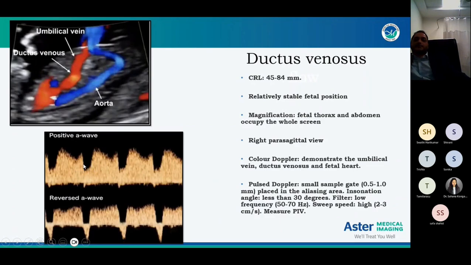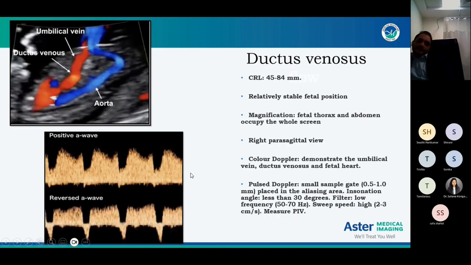So just increase the sweep speed, spread the waveform nicely to check the A wave. Now, the abnormal ductus venosus flow is when this A wave is absent and becomes reversed, like in this image here down below, it becomes reversed.